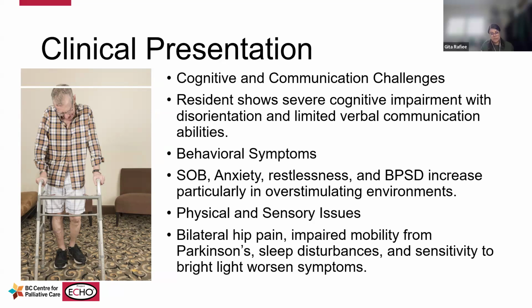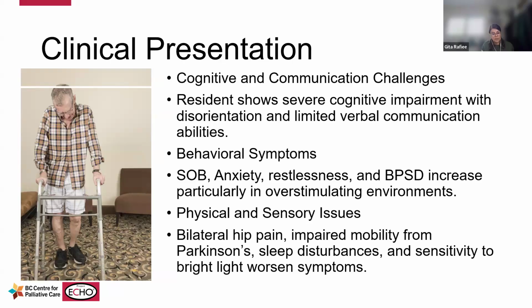His communication is significantly limited, resulting in difficulty expressing pain, fear, or discomfort verbally. He experiences shortness of breath, anxiety, restlessness, and PTSD during care, particularly during periods of overstimulation.